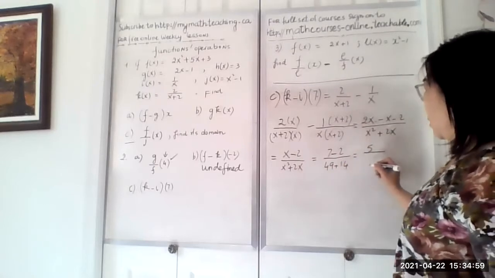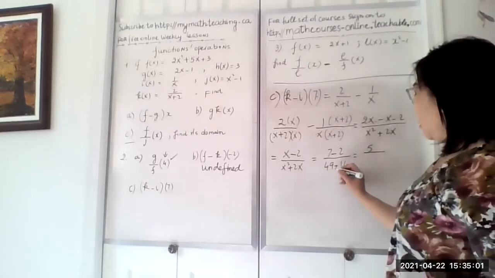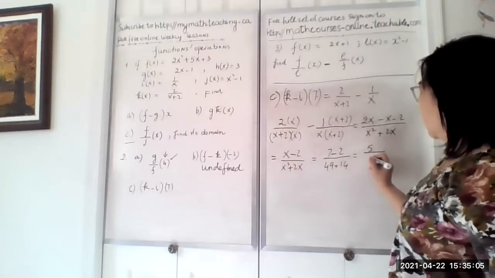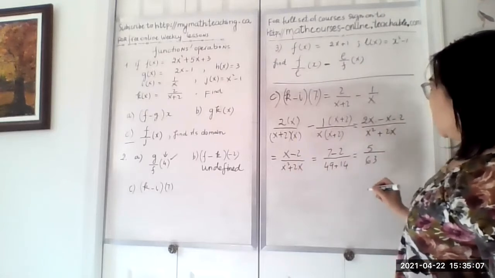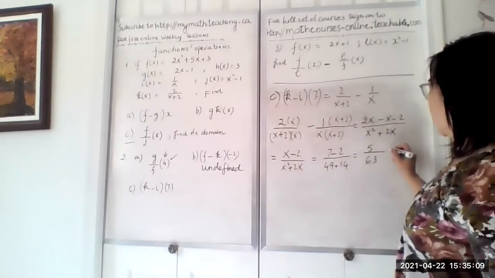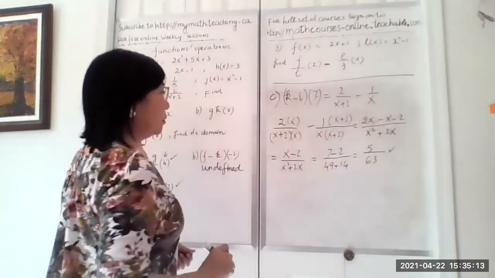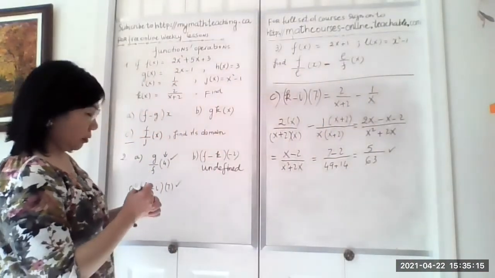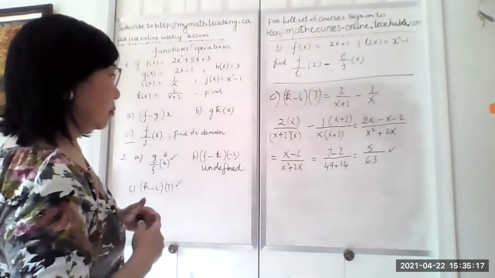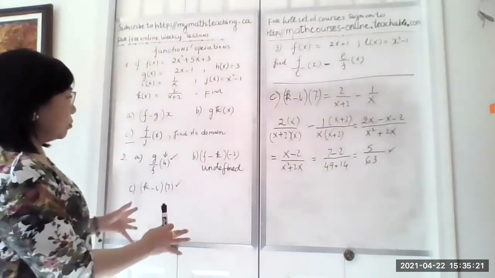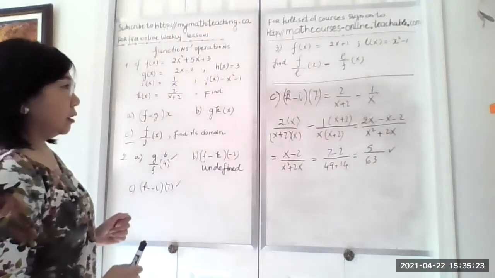And down here we have 49 and 14, 63. So our answer will be 5 over 63. So yes, we can evaluate this. So that's how we do all of this.